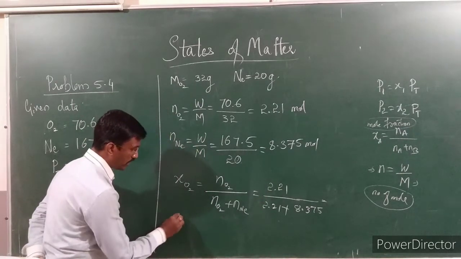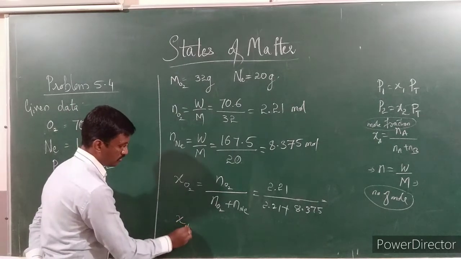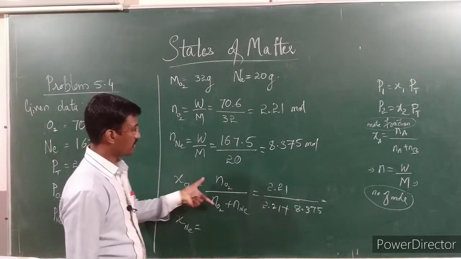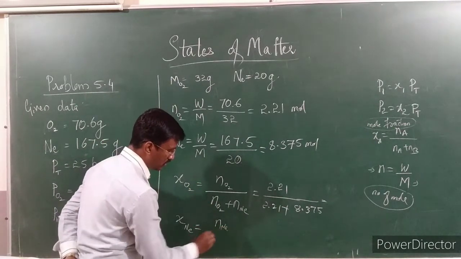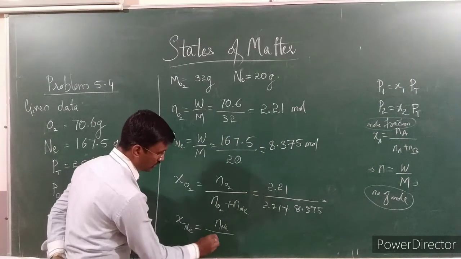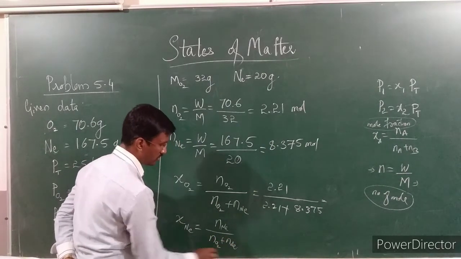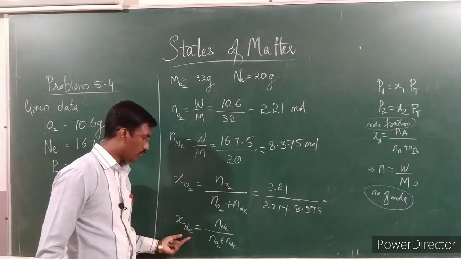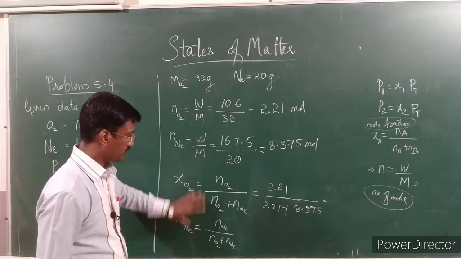And the next one, the mole fraction of neon. Here also you can calculate the mole fraction of neon by the same formula: number of moles of neon divided by number of moles of oxygen plus number of moles of neon. So the total number of moles of air, and whichever one you are calculating the mole fraction for, you write that one in the numerator. This is the common method.